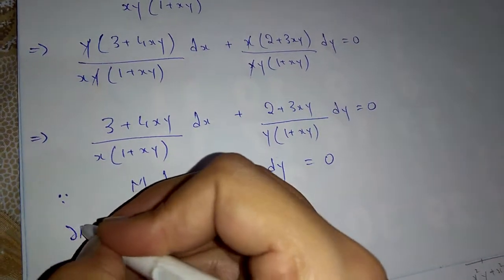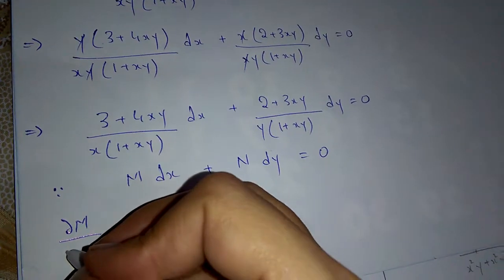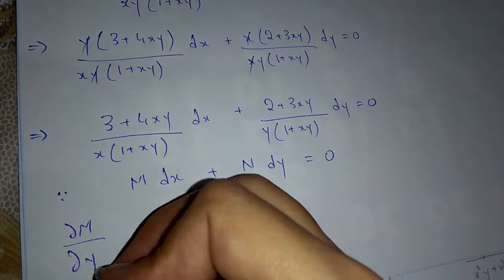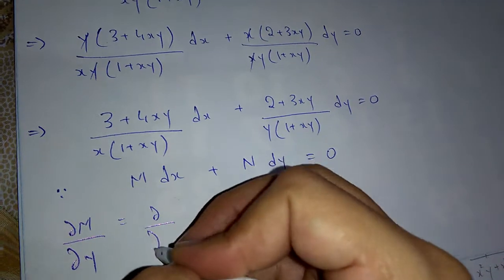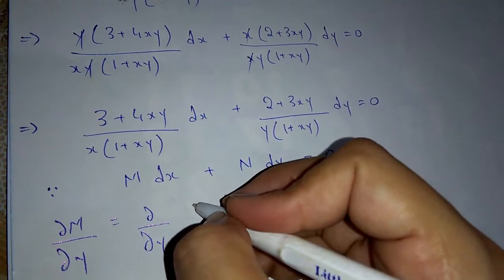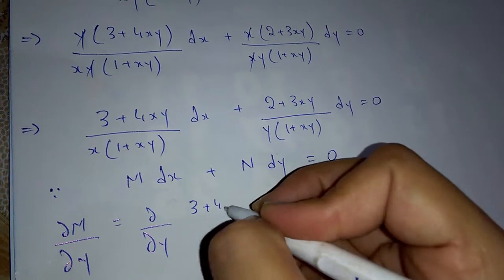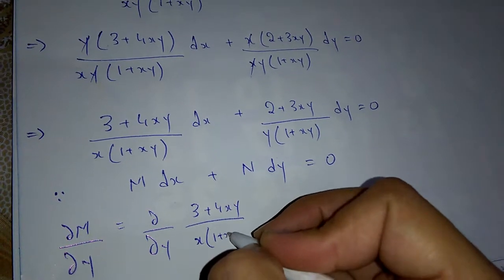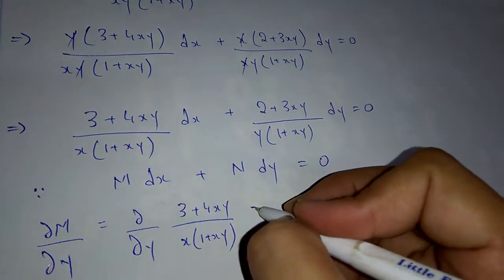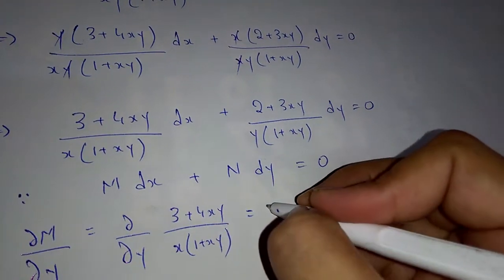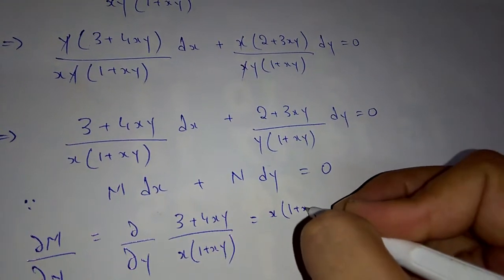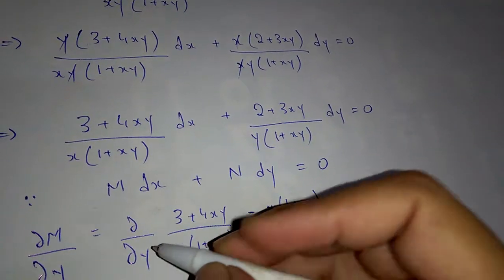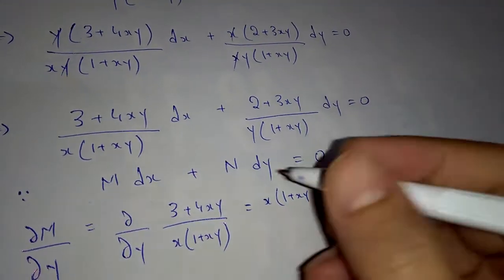So we're going to apply the conventional derivative rule, the u by v order. So the derivative of u by v is v times the derivative of u minus u times the derivative of v, over v squared. I'm differentiating this with respect to y, so here x is going to behave as a constant.